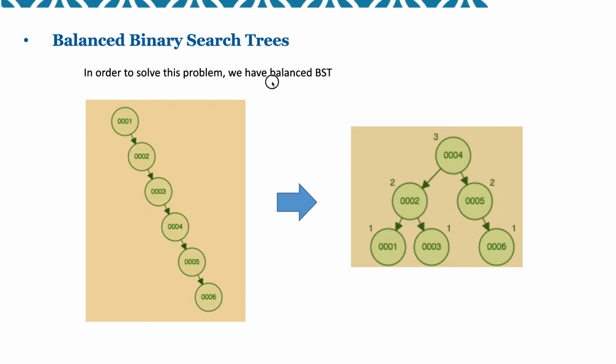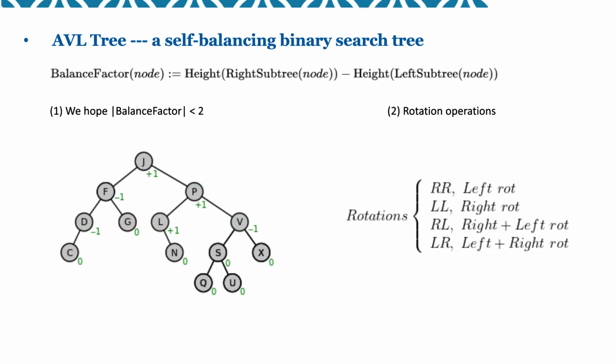So it's a binary search tree, and the algorithm can always find a way to balance such a weird BST into a balanced BST. So it's very efficient, and we will talk about the details later. Then we will have big O log 2n search. It's just like a binary search, right?